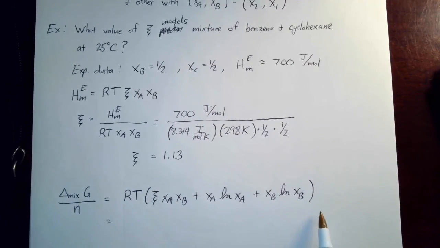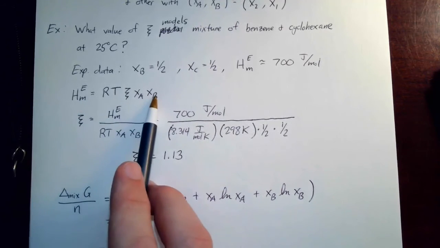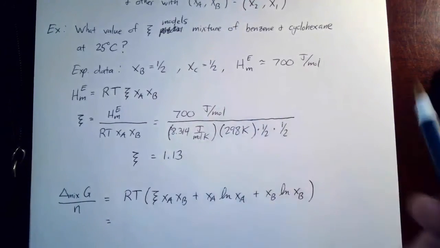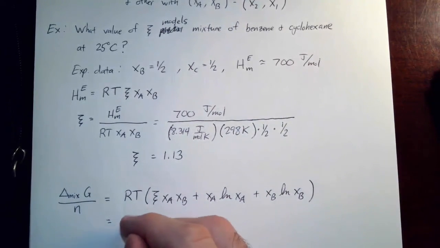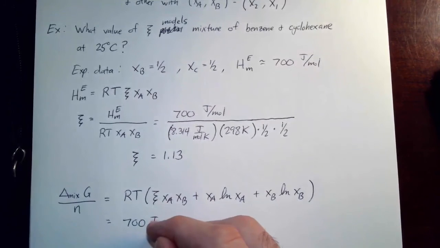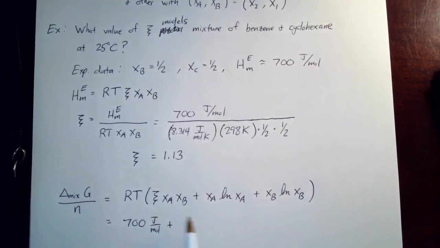So that equals this. And notice this term, RT C XA XB. So this one was the one that we chose C so that this term would equal 700, the experimental value that we got from the data. So we have 700, that's the first term, 700 joules per mole, plus, and then RT times this, and RT times that.